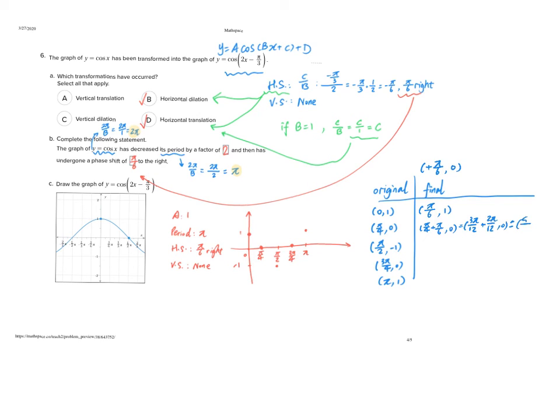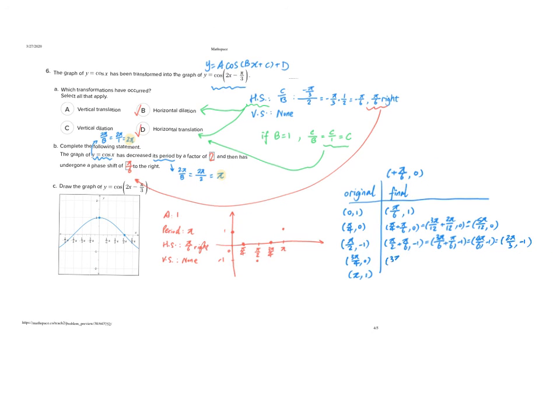Total, you have 5 pi over 12 and 0. Pi over 2 plus pi over 6 and negative 1, the common denominator is 6. 3 pi over 6 plus pi over 6 is 4 pi over 6 and negative 1, which is 2 pi over 3 and negative 1.